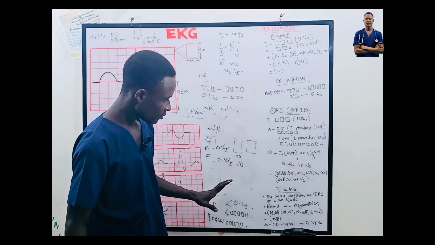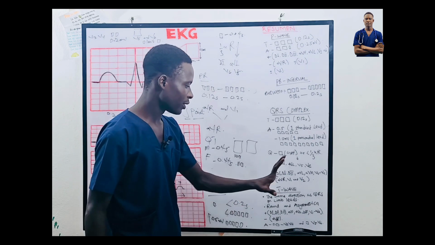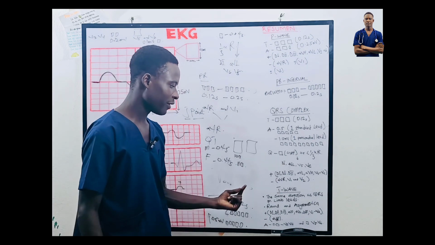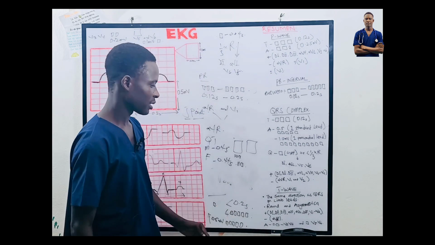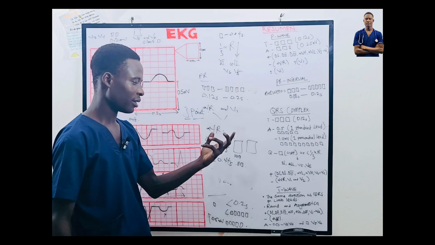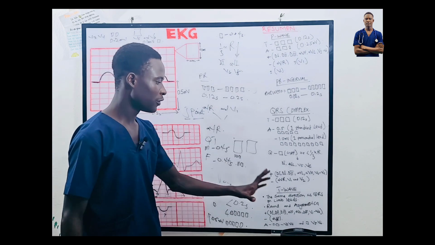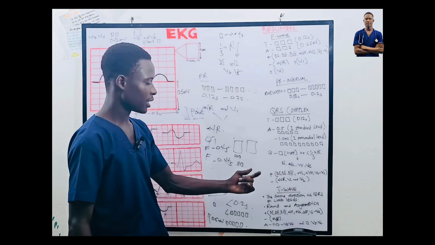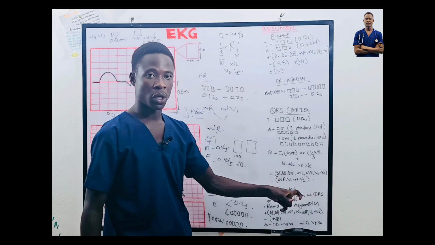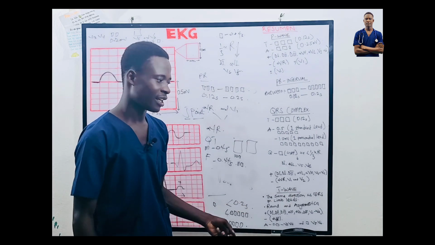Now, the QRS complex is also positive in all the leads except AVR, V1, and then V2. You understand? The AVR and the V1 we know to be negative. So the V2 is more negative, and then you come to the V3, V4. It is diphasic. It is positive and negative.